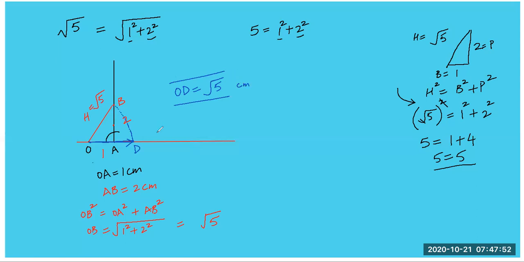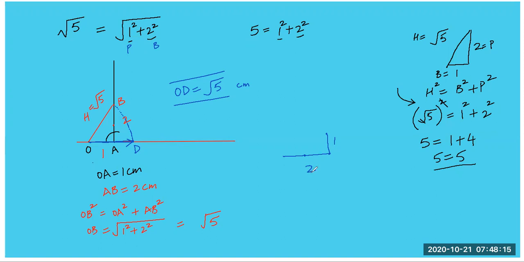Here, it is important to note, students, I have taken base as 1. I can take base as 2 also, and perpendicular as 1. I can take 2 as base and 1 as perpendicular also, no problem. I will get the same result.